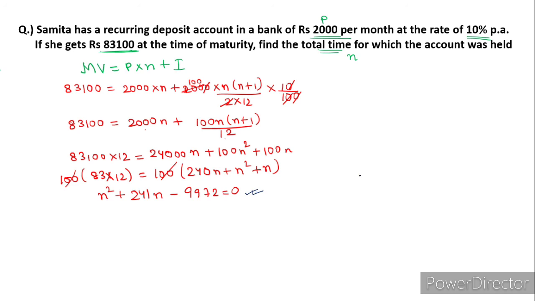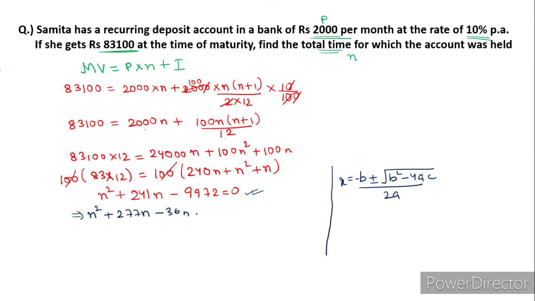There is one formula for finding the value of the quadratic equation, that is, x is equal to minus b plus minus root over b square minus 4ac by 2a. You can solve this by using this formula. So I am doing middle term factorization here. N square plus 277 n minus 36 n minus 9972 is equal to 0.